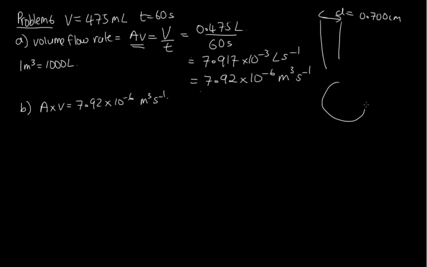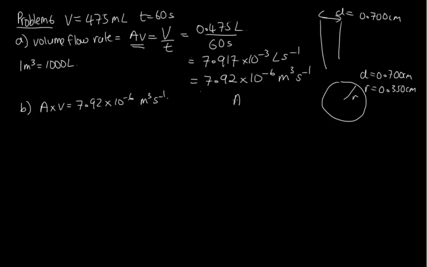Now, the water leaving the tap is shaped like a circle. We know that its diameter is equal to 0.700 centimeters, and so the radius, half the diameter, is 0.350 centimeters.